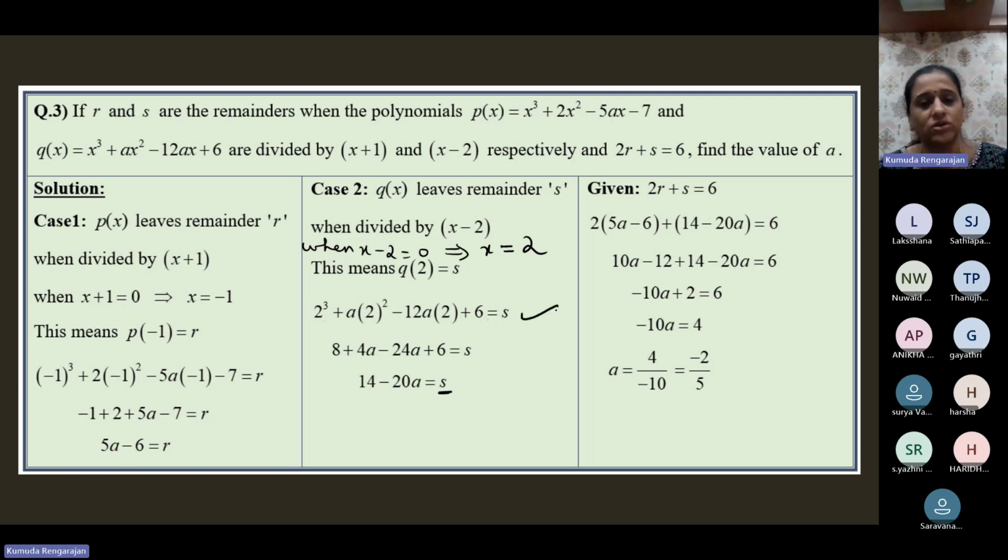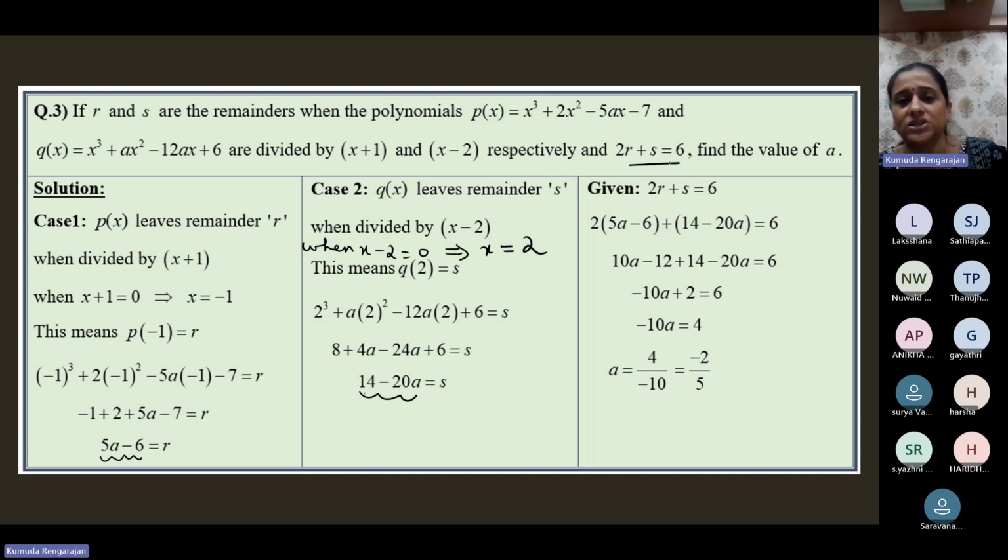Because in this equation also we have two unknowns, S and a, so you cannot find the value of S or a. So we found the expressions for R and S.